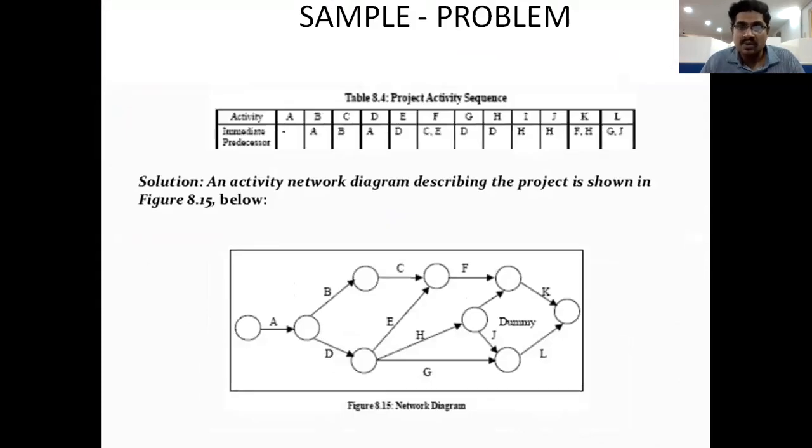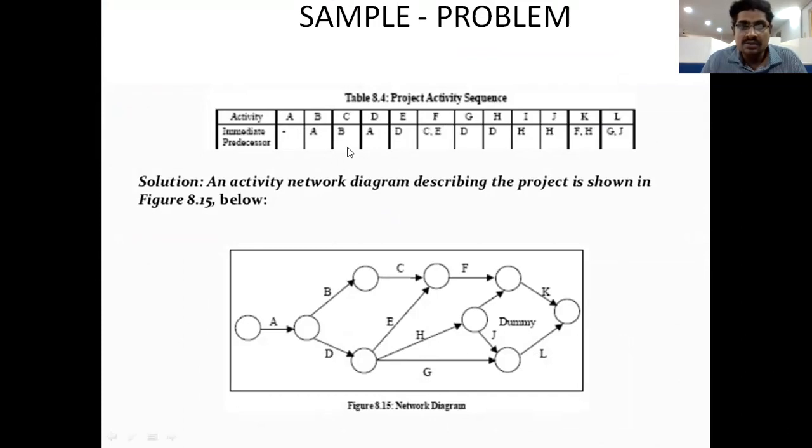These are the sample problems. So we have problems in this fourth unit like this. So in the exam, we have this type of problems from the fourth unit. Based upon this problem, we can draw this diagram. This diagram is called a network diagram.